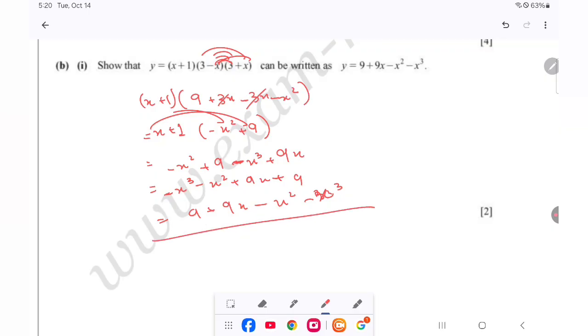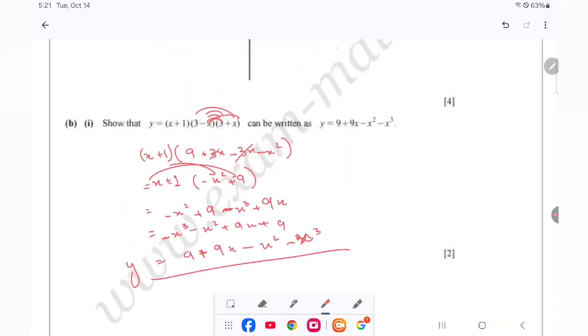So this is our equation which we have to prove. This is our part B1.